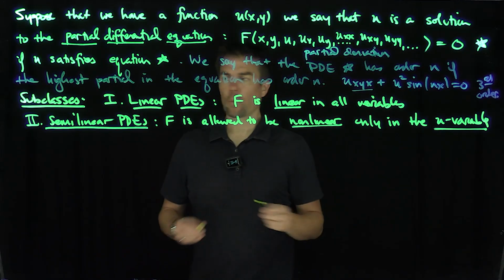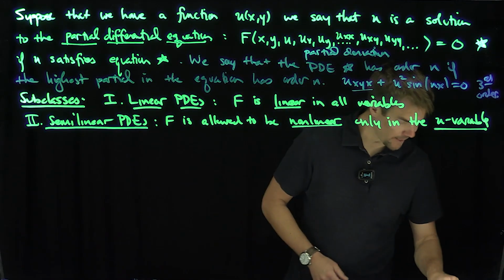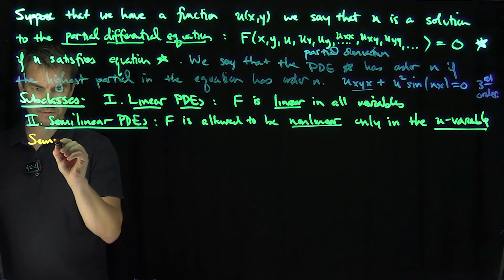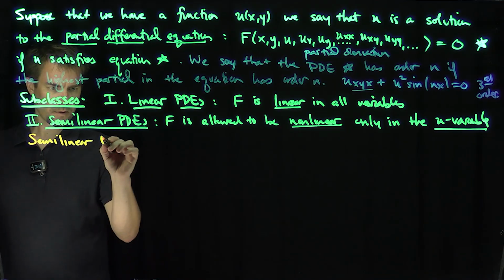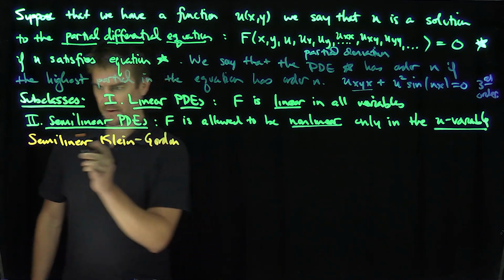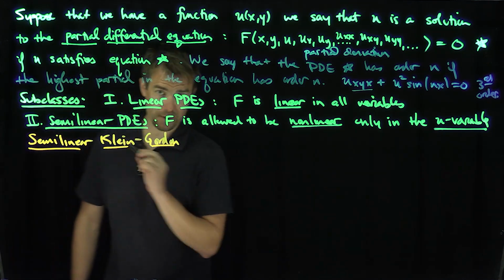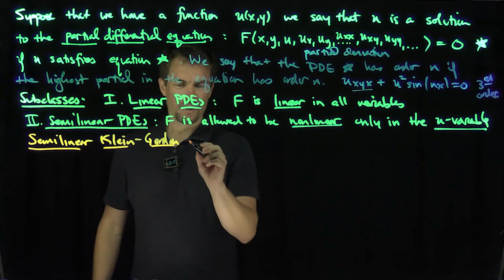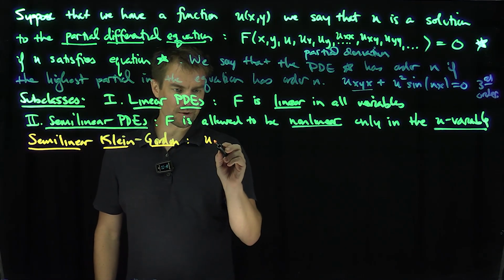Okay, so what's an example of a semilinear PDE? One of the classic ones is the semilinear Klein-Gordon equation. This comes up from physics. A lot of PDEs come up in physics. So as a mathematician, I'm grateful for the physicists because they give us all sorts of really fun problems to work on. I'm just going to do it in one dimension: u_tt.